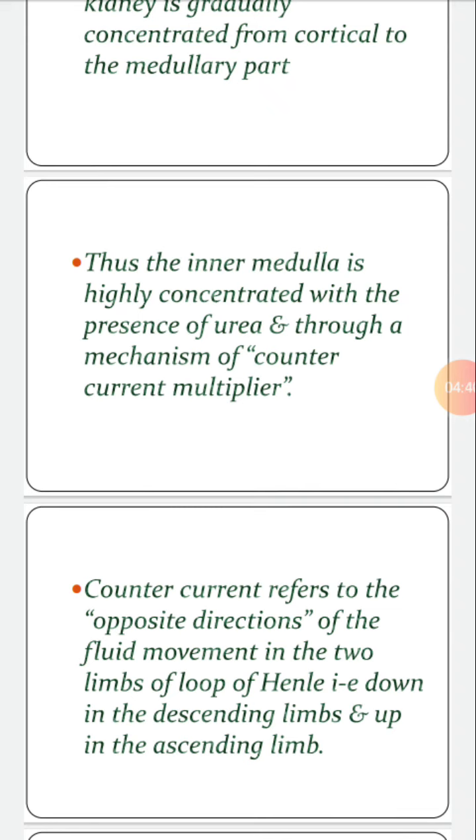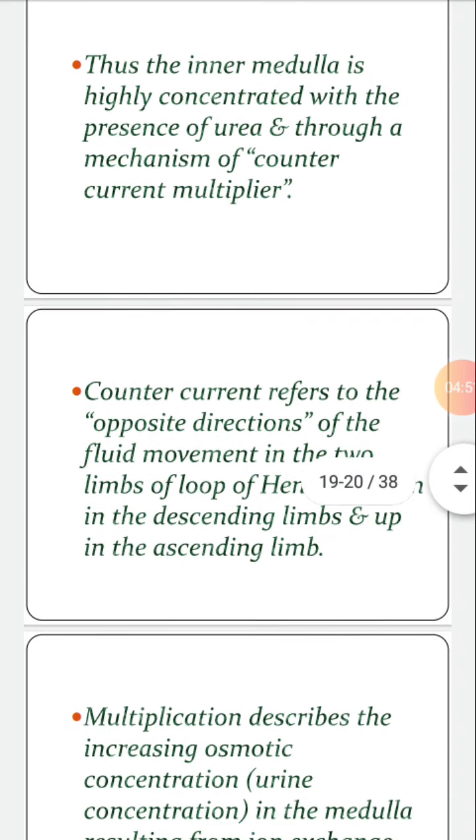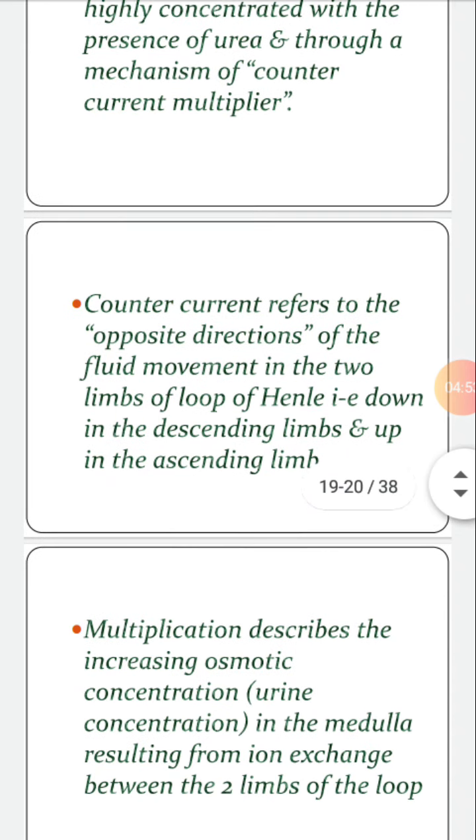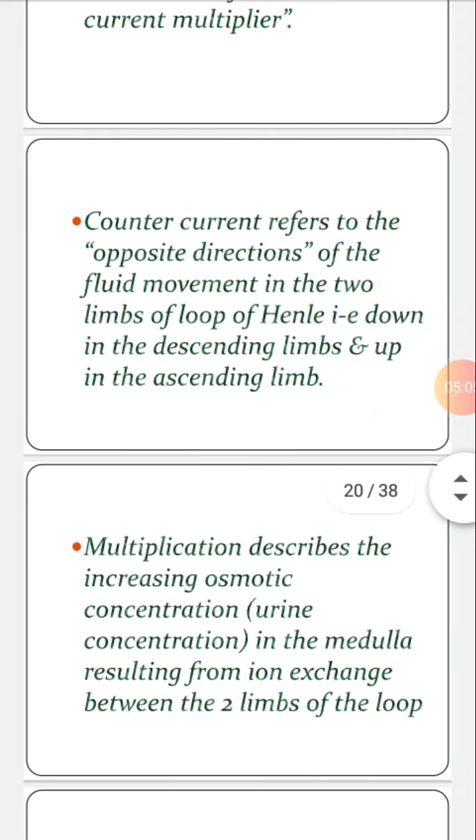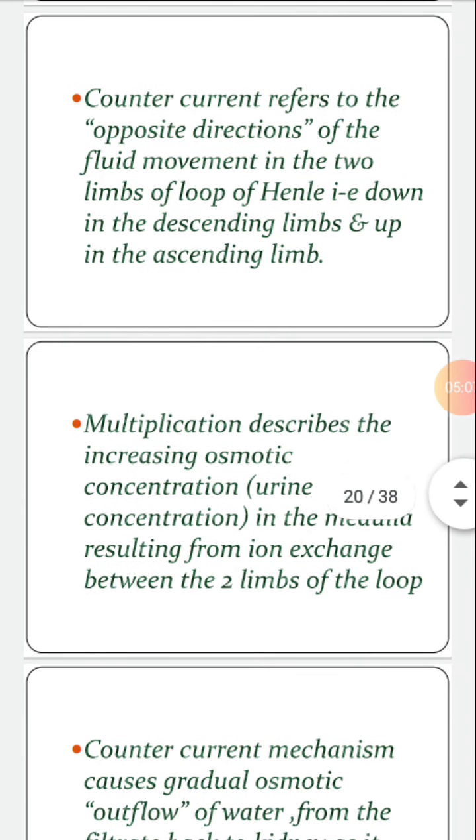As we discussed, there are descending and ascending limbs. Fluid moves down in the descending limb and then up in the ascending limb. Multiplication describes the increasing osmotic concentration, that is urine concentration, in the medulla, resulting from ion exchange between the two limbs of the loop of Henle. Which two limbs? Ascending and descending.